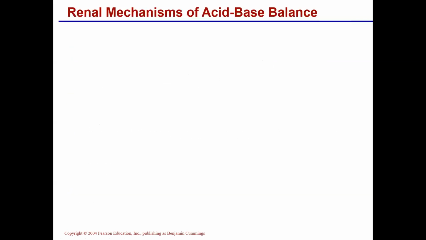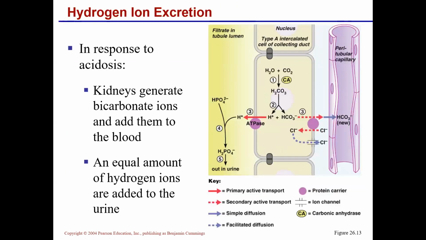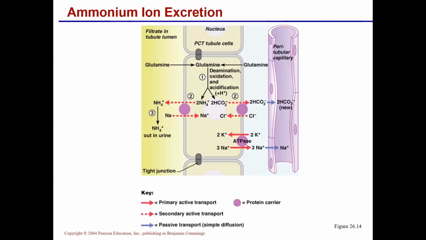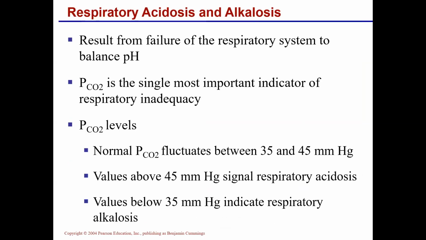Okay, so we talked about three big groups of regulation. One is the chemical buffering system. Another is the urinary system regulating pH. And the last is the respiratory system regulating pH.